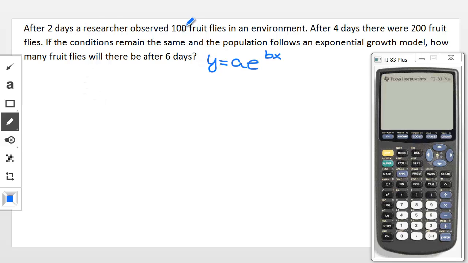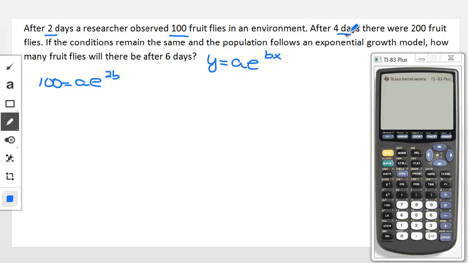So after 2 days, there were 100 fruit flies. That means there were 100, where y is the number of flies. And we don't know what our a value is, but we know that it was 2 days, so we have a 2b here.